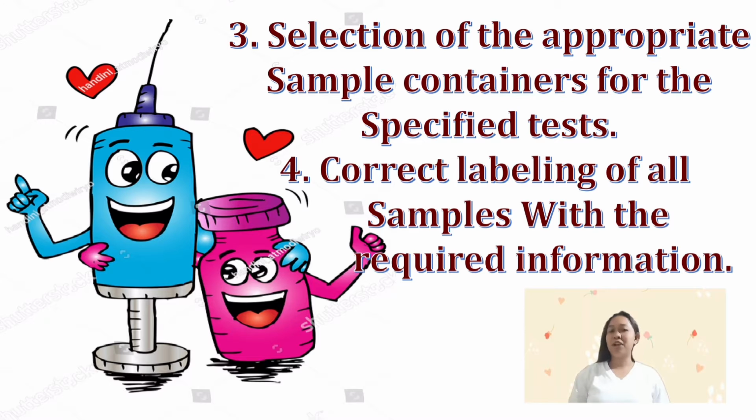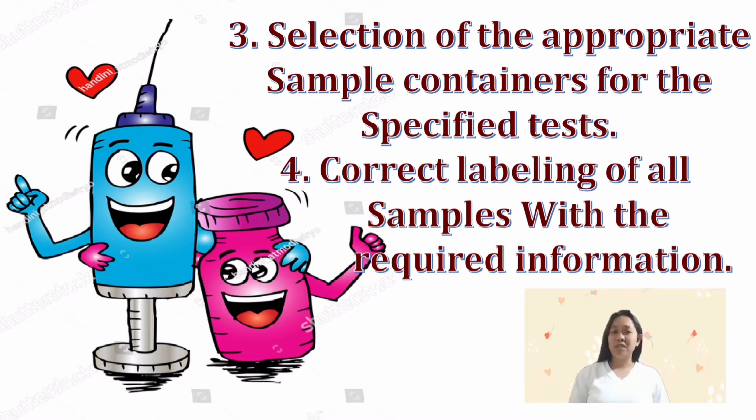Next, the fourth duty of a phlebotomist is the correct labeling of samples with the required information. So it is really a must for a phlebotomist to have a correct labeling of samples and also with the required information, because it is a way to protect or to prevent the patient from acquiring errors doon sa results nila.